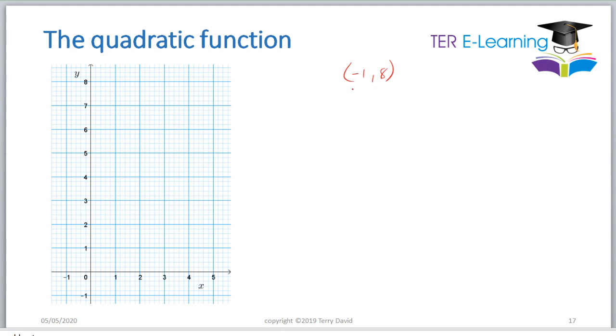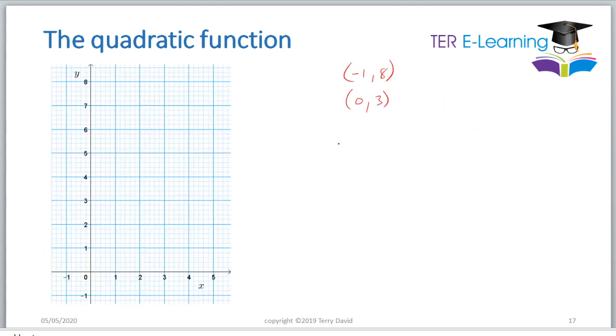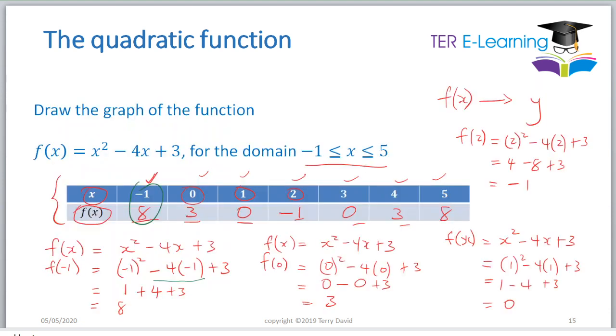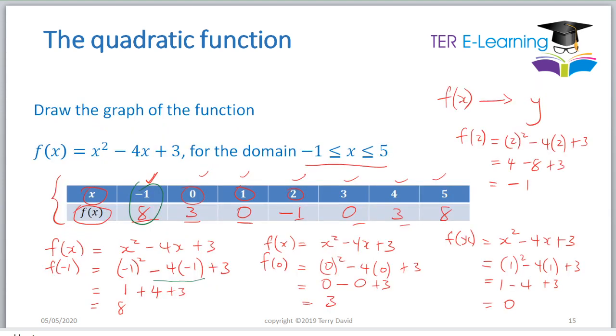The next one is 1, 0. The next point is 2 minus 1. The next point is 3, 0.